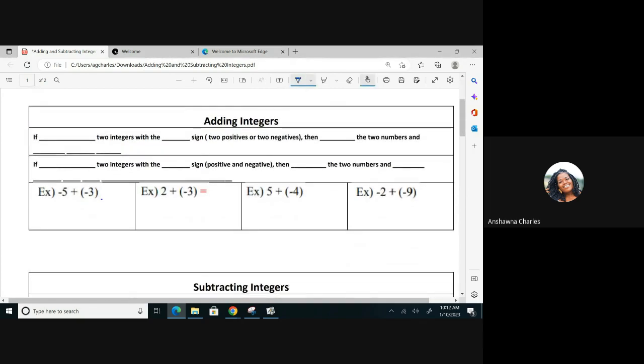All right. Adding integers. So to add integers, if adding 2 integers with the same sign, so you have 2 positives or 2 negatives, same sign, then you add the 2 numbers and keep the sign.